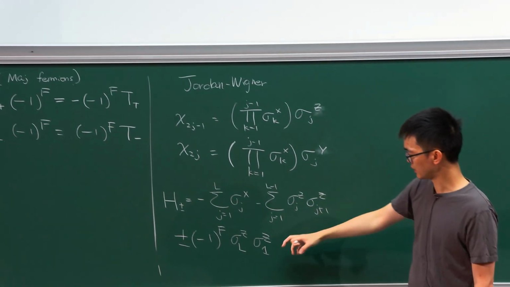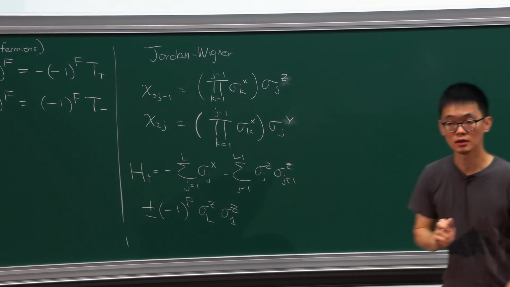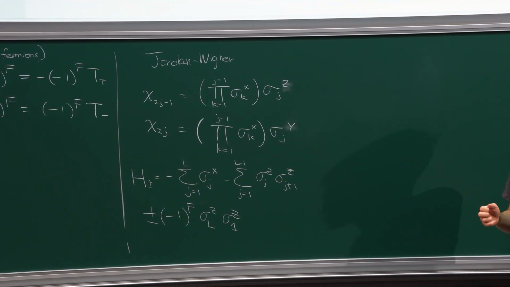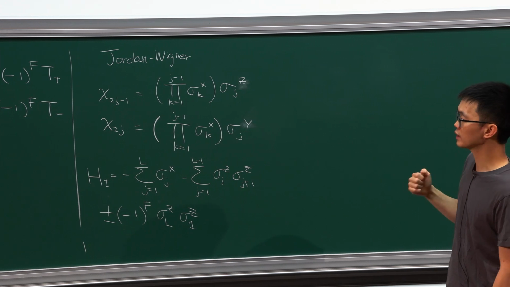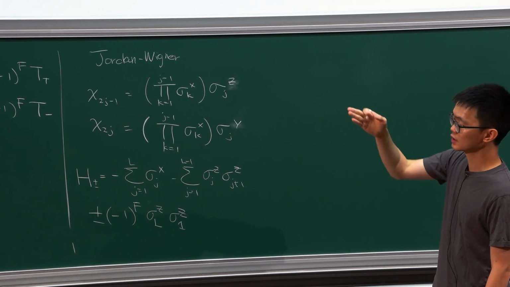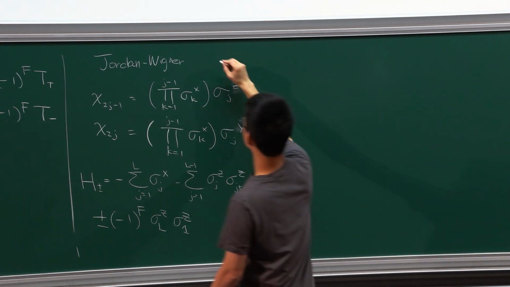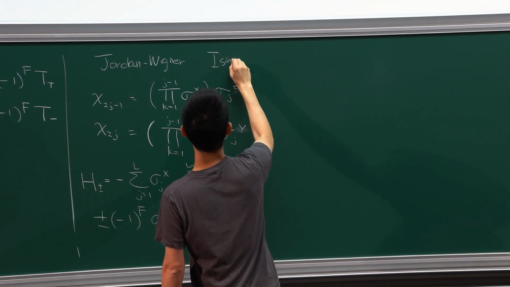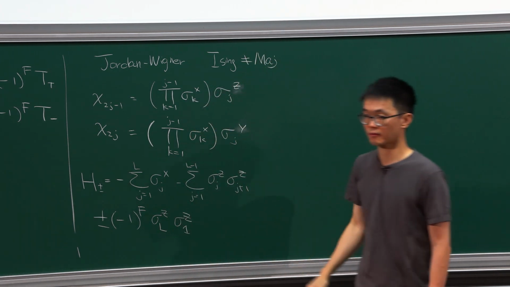We made a mistake in one link, and today we would like to fix that. To fix that, there are basically two equivalent ways to do it. One way is that, well, first of all, we learned that the Ising model is not globally the same as the Majorana fermion model.